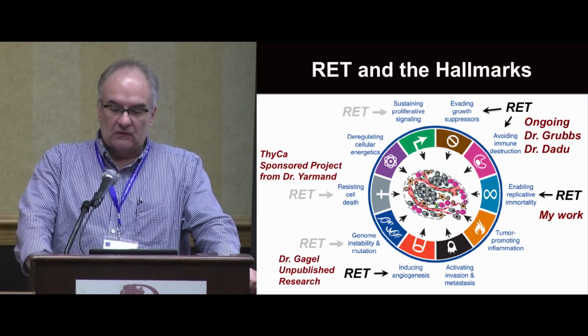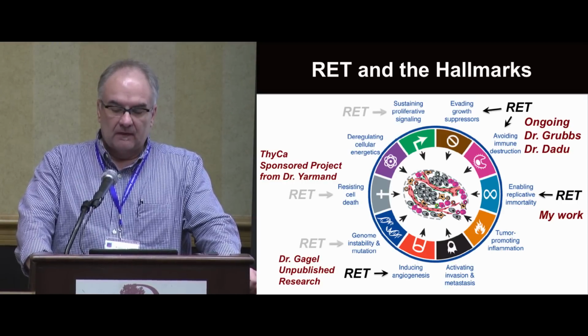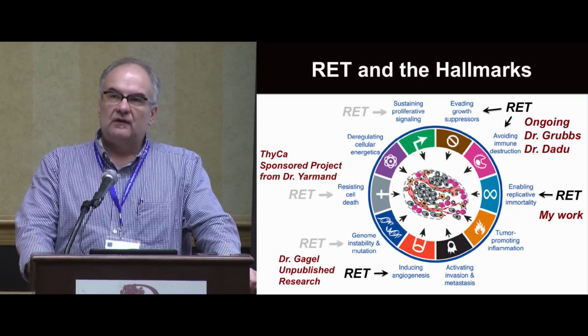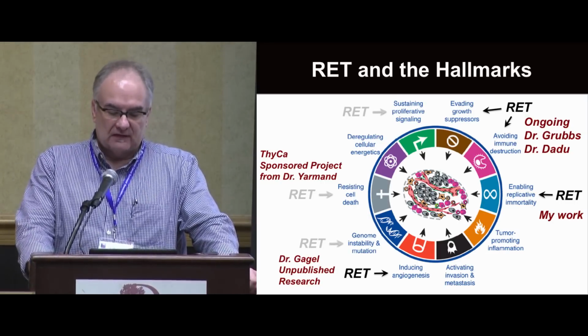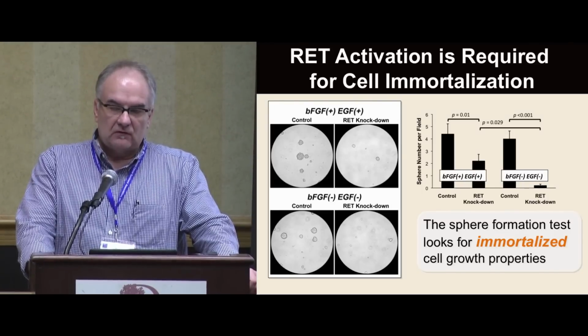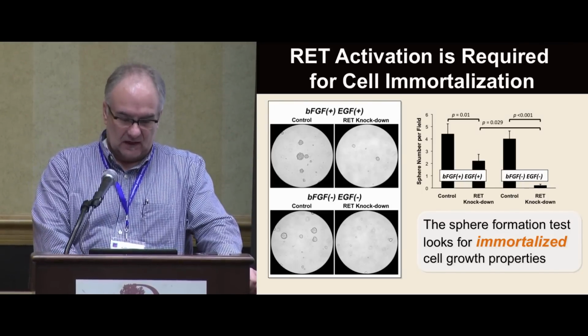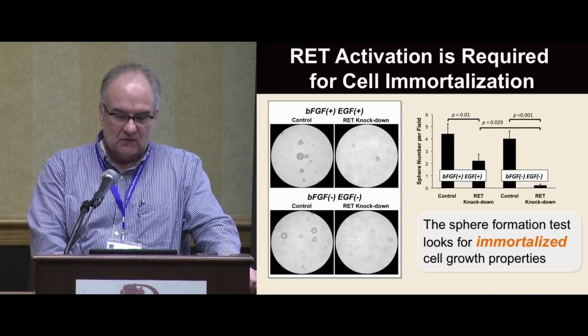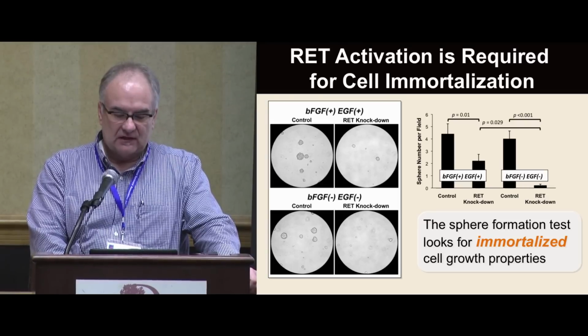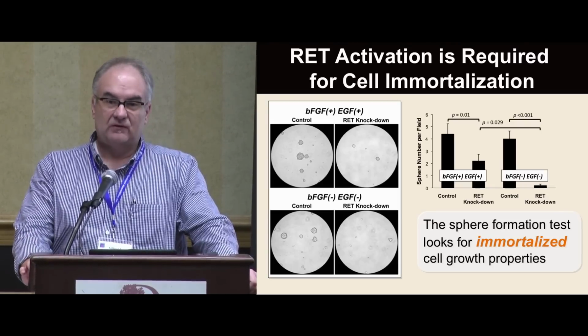So I can show you this. I showed this 2 years ago. This is an assay that we do in the laboratory. It uses human medullary thyroid cancer cells. And what we do is we grow them in a culture dish. And I think maybe you can see these little blobs up here. This is an assay that measures immortality. When these cells exist in blobs and you can count these blobs, that means the cells are immortal.